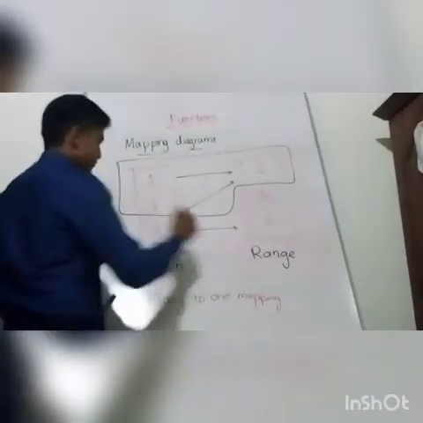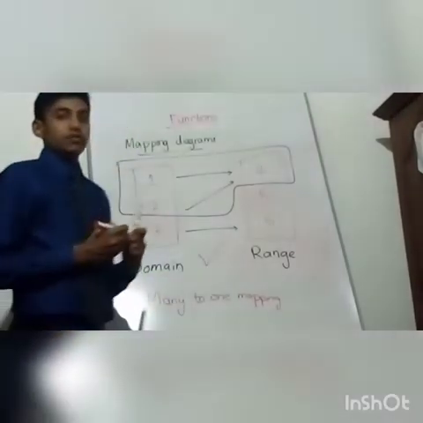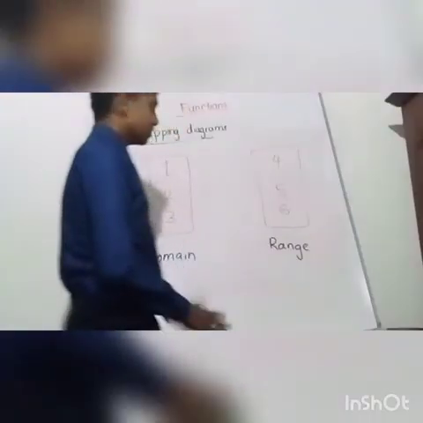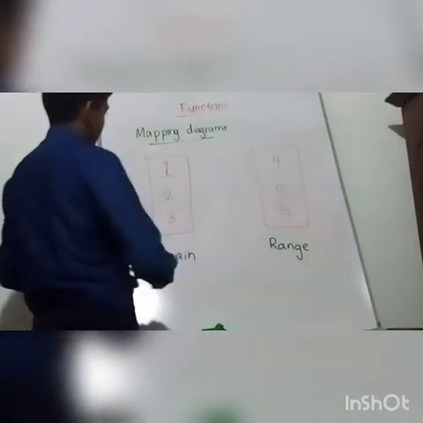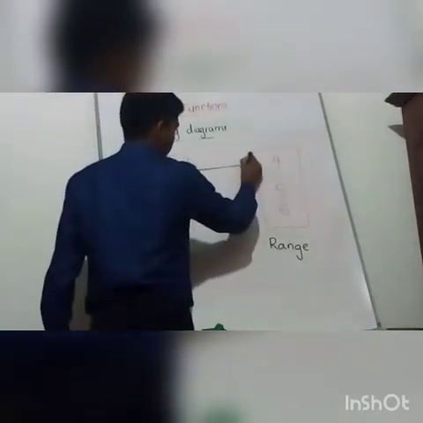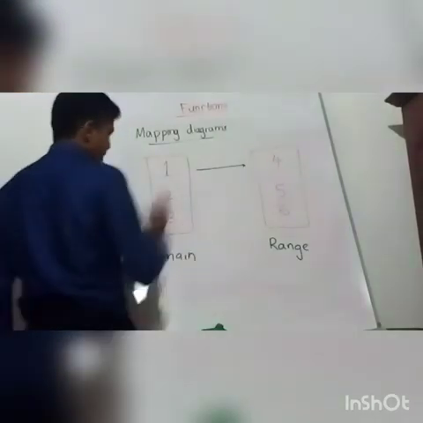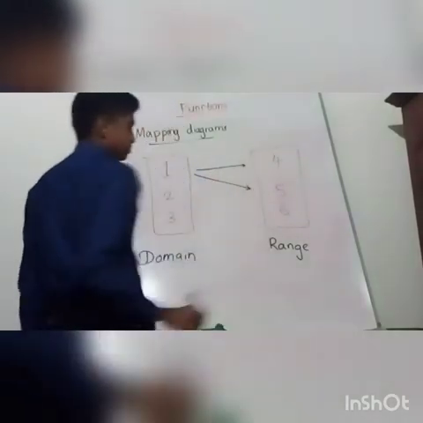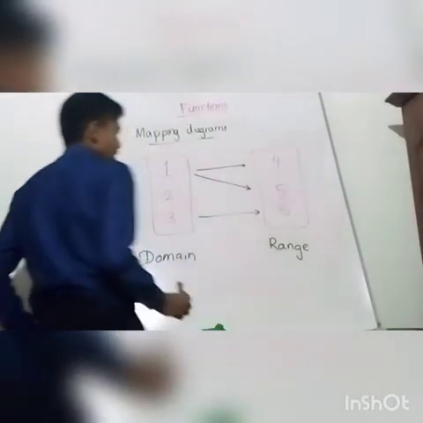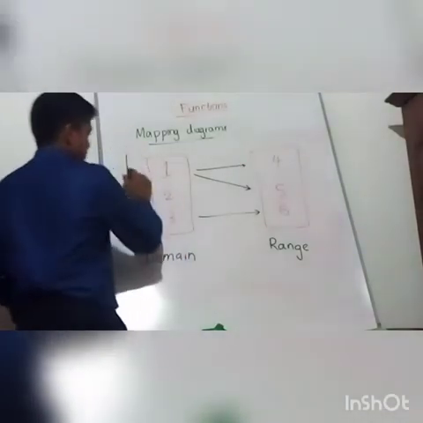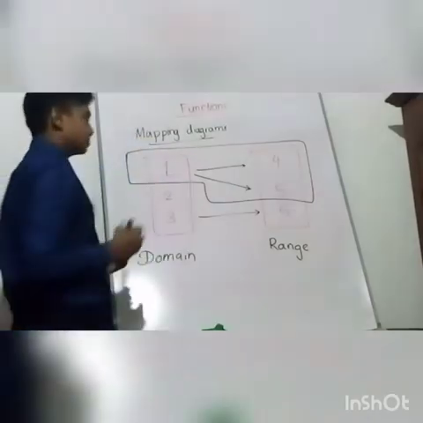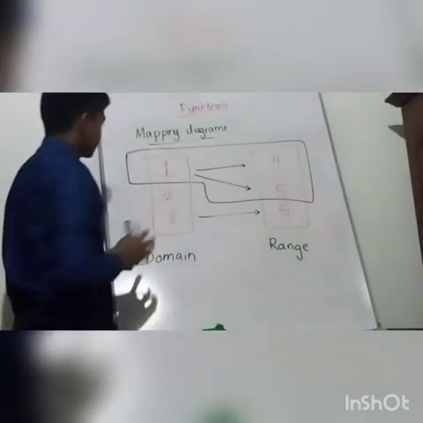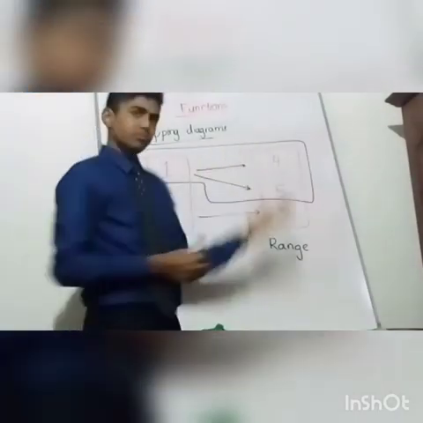This is also an acceptable function. This is the third and last type. Here, 1 will be 4, and again 1 will be 5 also, and 3 will be 6. Here you have to consider the opposite, these parts only. 1 will be 4 and 1 will again be 5.